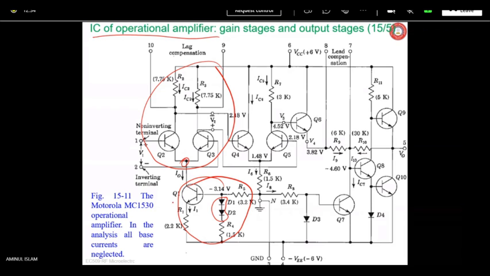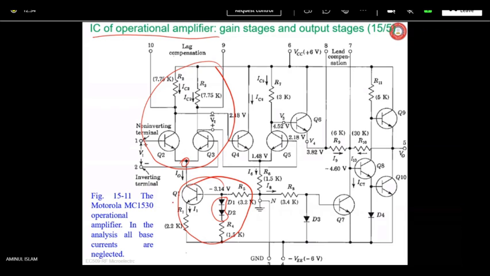Which indicates that the emitter of both is effectively at ground potential. Since it is known that HFE for transistors Q4 and Q5 is about 100, then HIE equals 10.4 by 2.